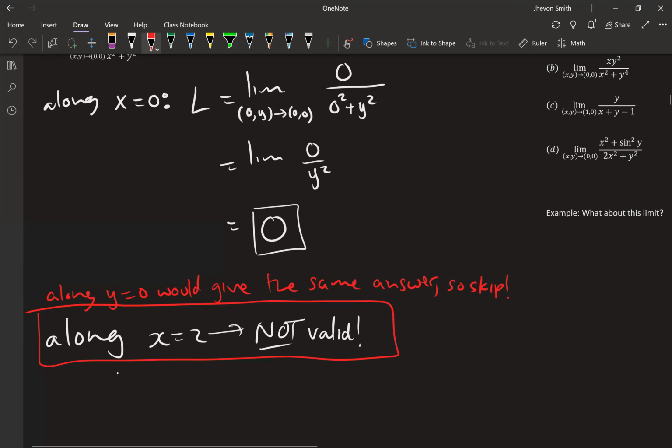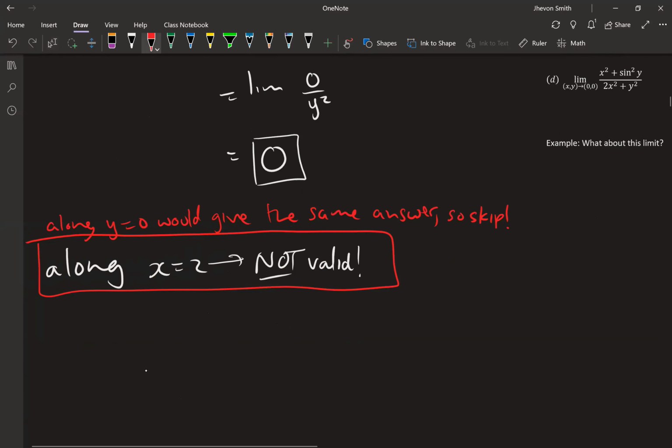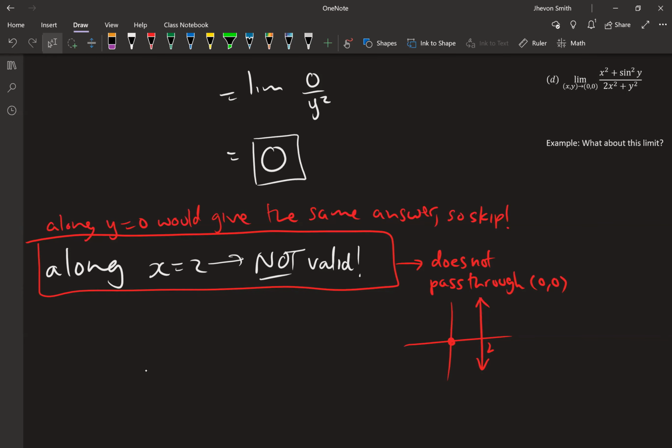The path must go through the point, right? So x equals 2 does not pass through 0 comma 0. I must be able to approach the point, right? If 0 comma 0 is over here, x equals 2 is a line over here, and it's never going to pass through the point.